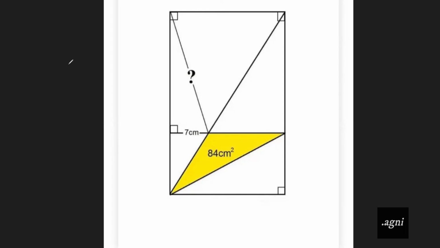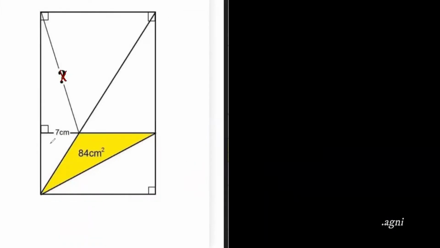Now, how am I going to approach this? As they have given, let's take this as x, and that is a right angle triangle. You can see that this is not a right angle triangle where the area is given as 84 square centimeters. How can we approach this?